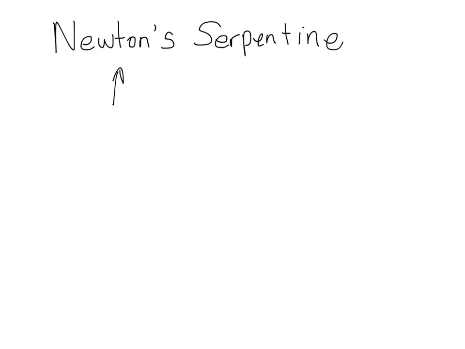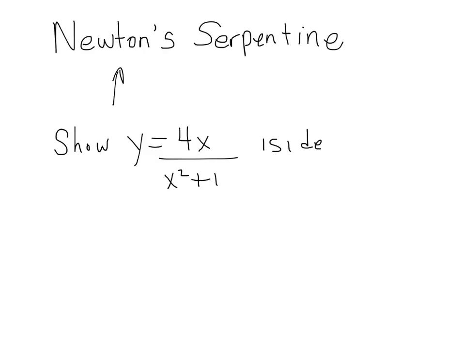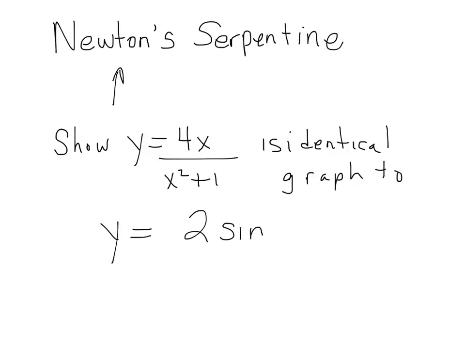And show that y equals 4x over x squared plus 1 has an identical graph to y equals 2 sine of 2 tangent inverse of x.